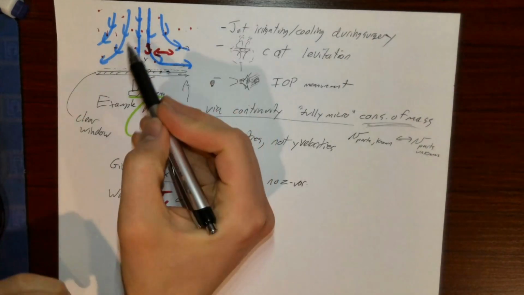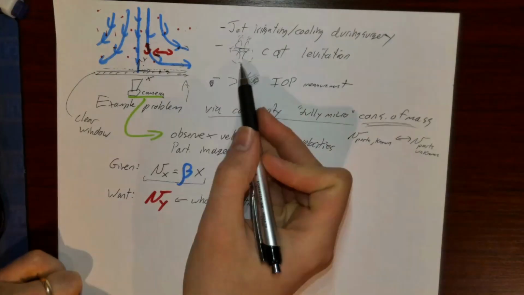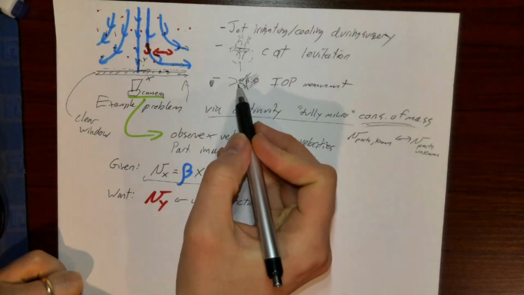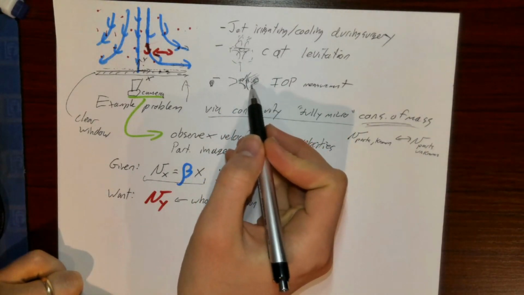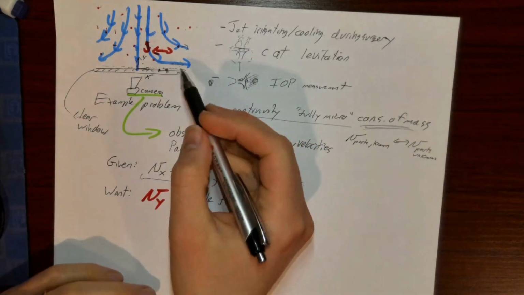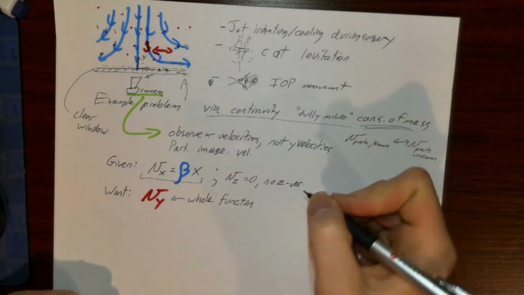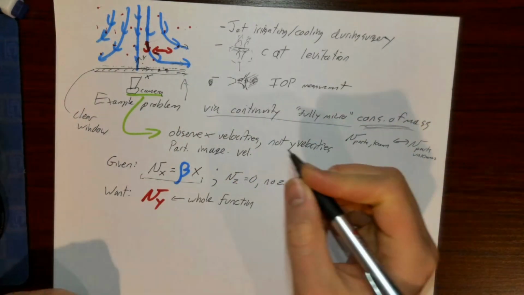So, regardless of whether we're talking about water for a jet irrigation problem, or water for cat levitation, or even air pressing against someone's eye, as long as we're dealing with flows that aren't approaching the speed of sound, it's a pretty solid assumption.